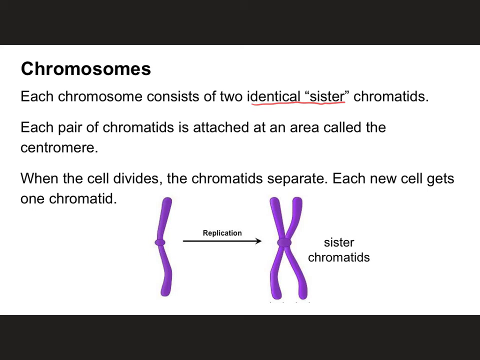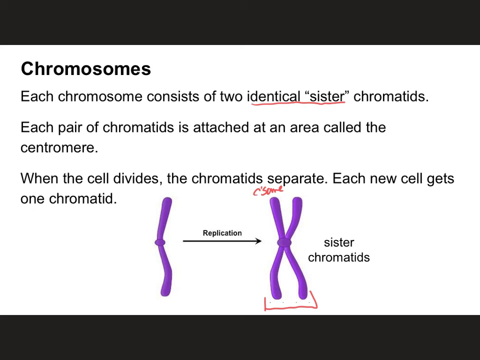And the abbreviation for chromosome is C-some, and its identical copy, well, these are referred to as chromatids, or sister chromatid pairs.